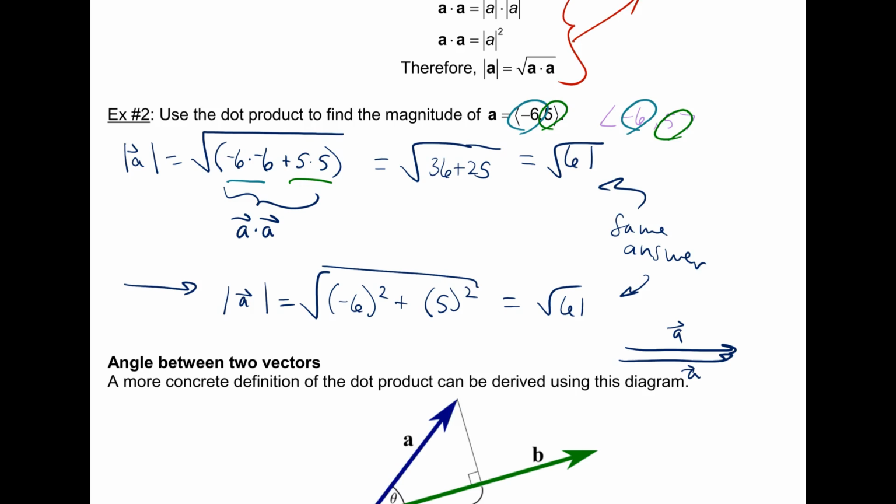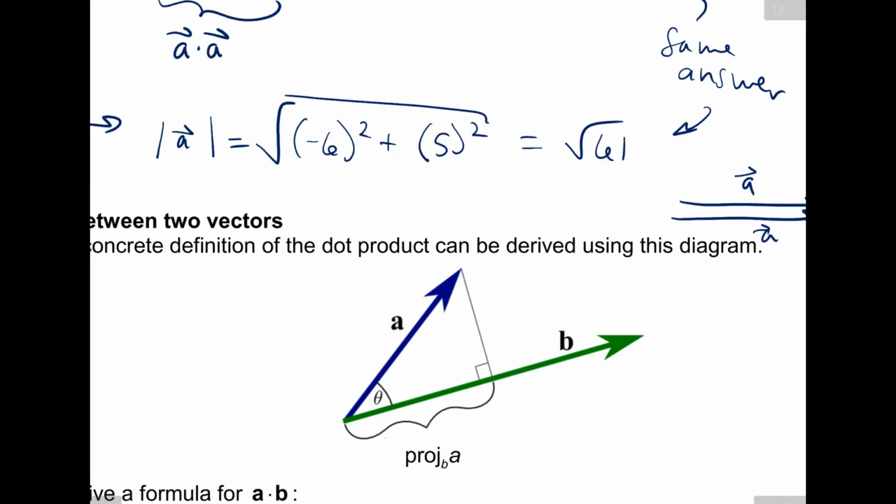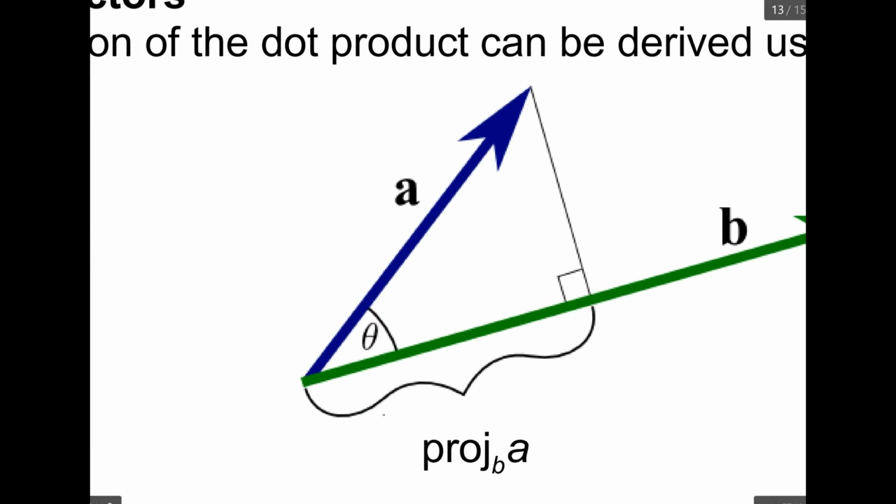All right, so the angle between two vectors. The dot product literally is telling you how much of the x component, the part that's parallel. So for instance, here's my vector b. Then I have this vector a.